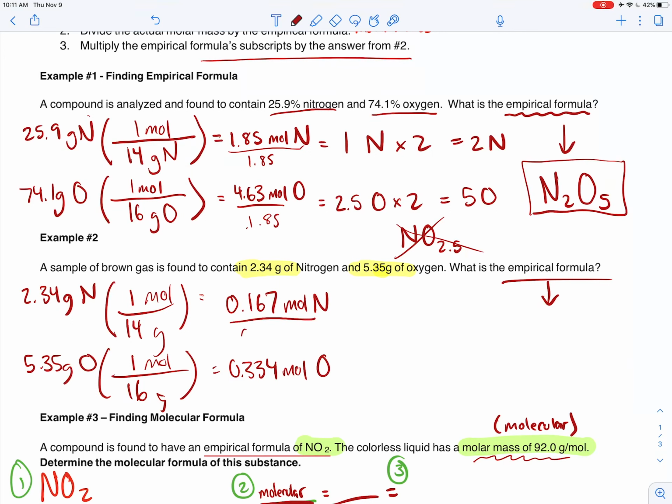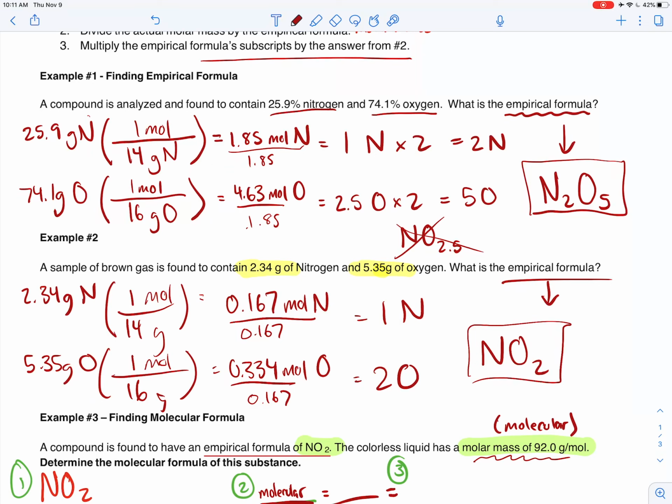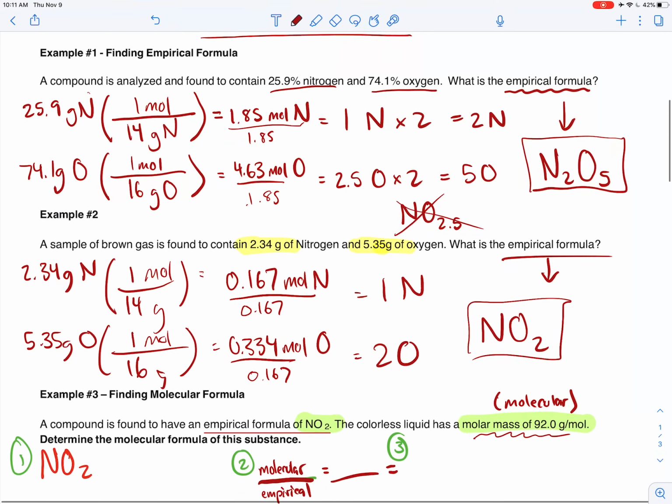Now we want to divide by the lowest number of moles. We get 1 nitrogen and 2 oxygens. Because these are whole numbers already, we don't need to do that last step. So our formula is simply going to be NO2. That's how we find the empirical formula. Make sure you review these examples if you're having trouble with this kind of problem.